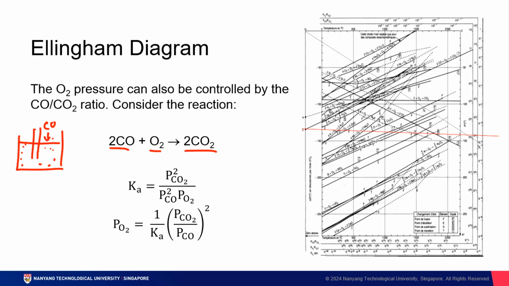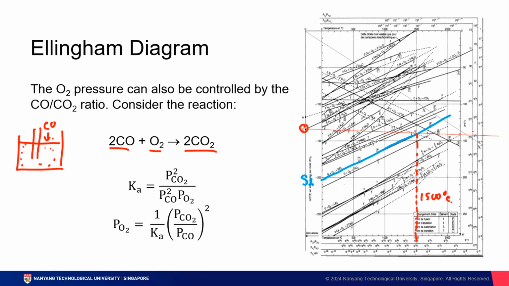How do we use this information? For instance, say we wanted to reduce silicon dioxide to silicon. We identify where the oxidation line is, and then we draw a line starting from the carbon marker all the way through its operating temperature of 1500 degrees centigrade.